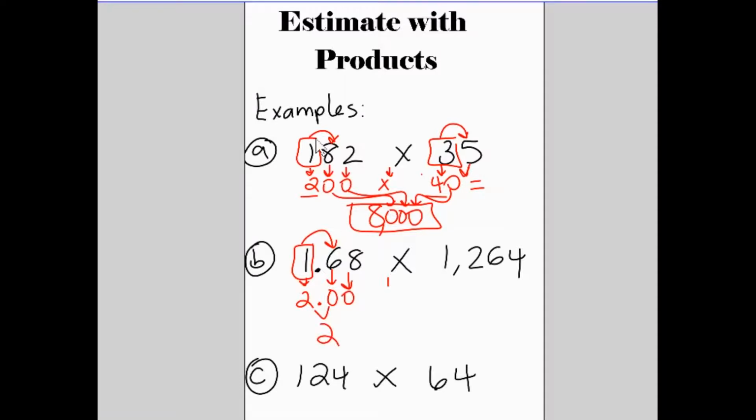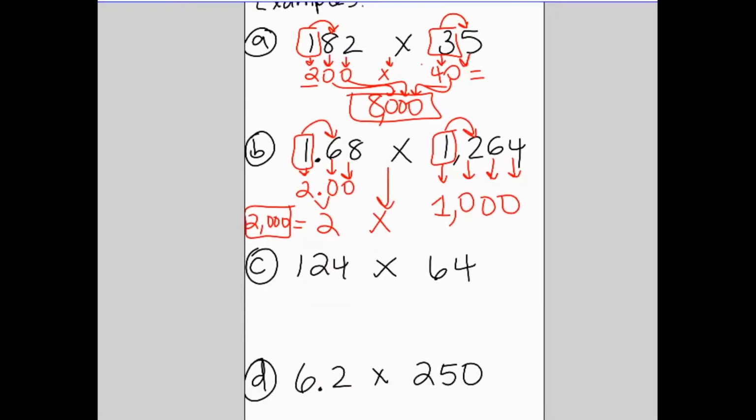So now I just have 2 times, if I bring this to the thousands place, this tells me to stay a 1. So now that's a 1, and these turn to zeros. So now I just have 2 times 1,000, which is what? 2,000. Simple. All right, let's move down to our next example.